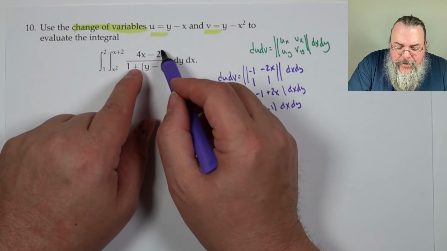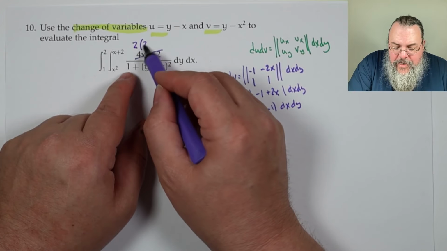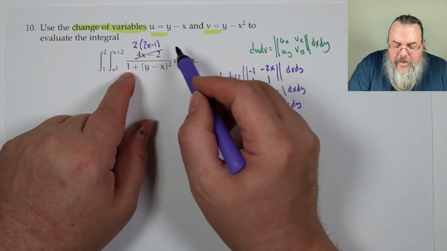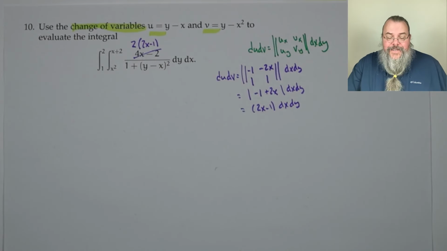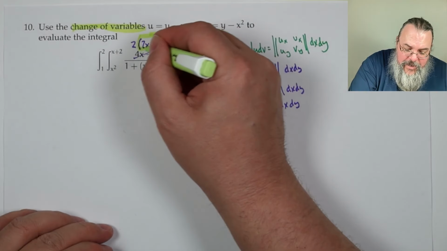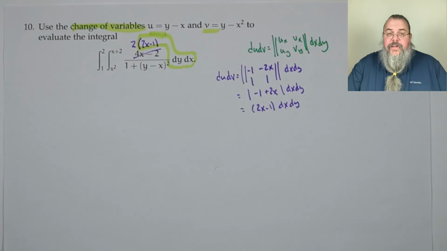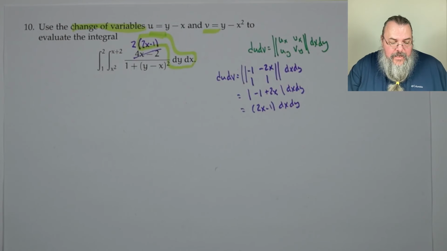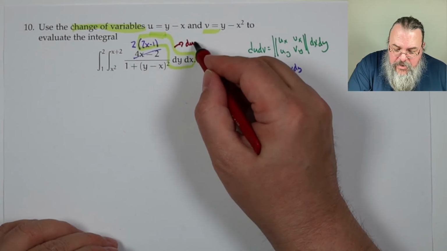What we can do is replace this 4x minus 2 by factoring out a 2 times a 2x minus 1. And then we're like, whoa, hold on a second. This part right here, this 2x minus 1, we're going to attach to dy dx. And that is going to become our du dv. So here, this will become du dv.